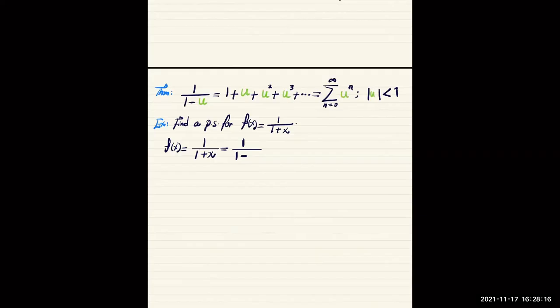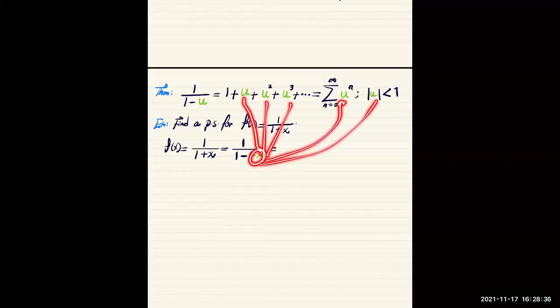Yeah, absolute value of u less than 1. So again, 1 plus x can be rewritten as 1 minus negative x. Now we identify our u. Our u here is negative x. Substitute negative x everywhere you see a u, including there.